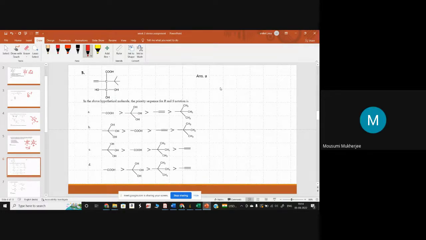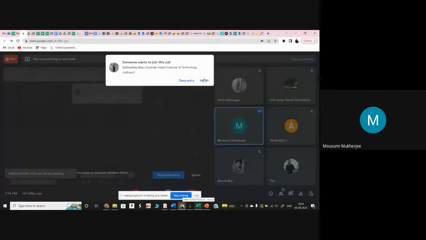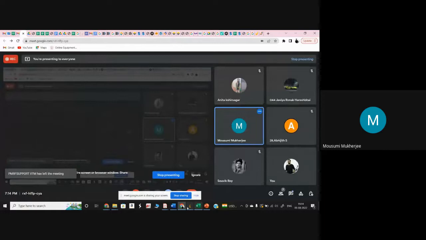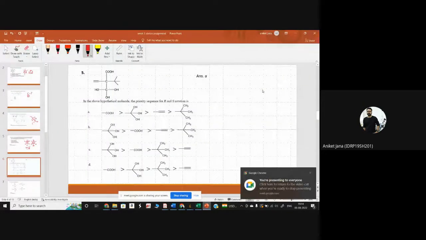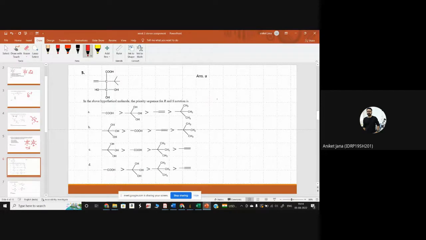The triple bond should be broken into further bonds, so there we can get the priority. We have to replicate the bonds first. So let's discuss the first two groups, the COOH group and the C(OH)3 group.